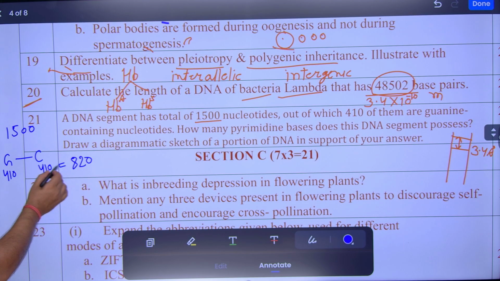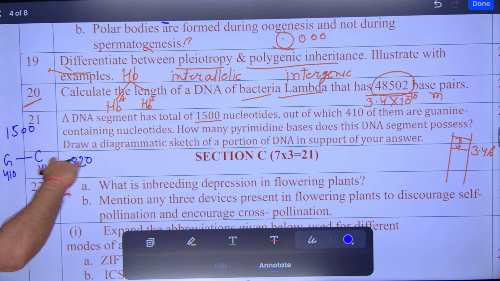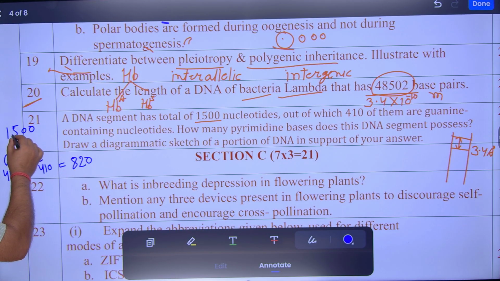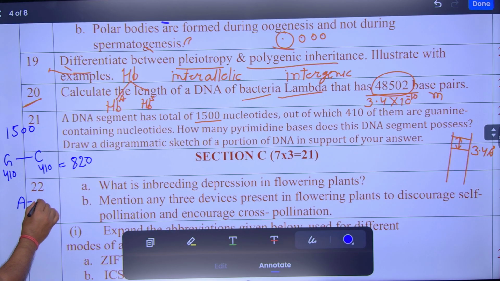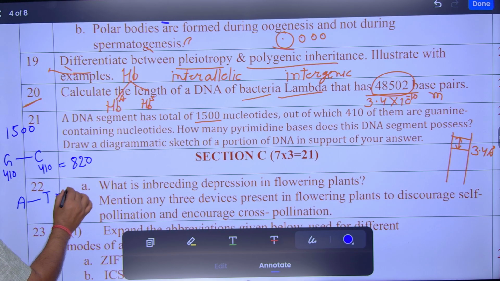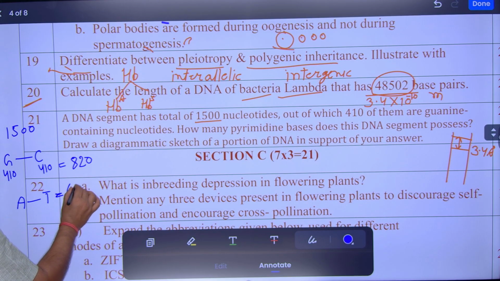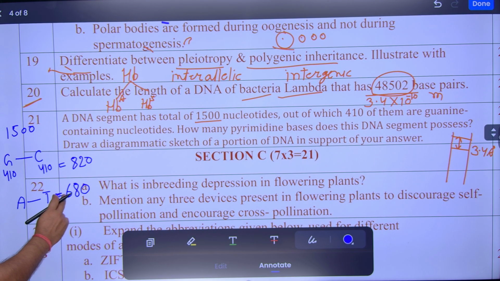If 820 is the GC count, then definitely the remaining will be the AT count. The AT count will be 1500 minus 820, which is equal to 680. So 680 is the total AT count.